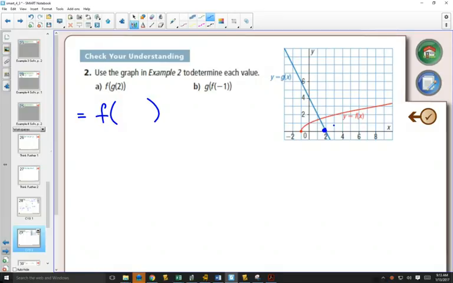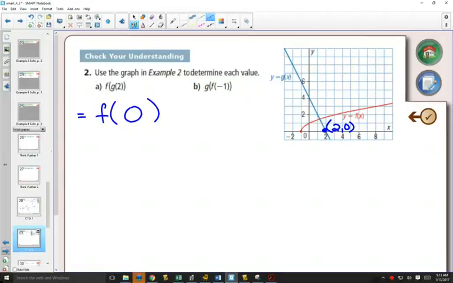And that point is (2, 0). And that's telling us when x is 2, y is 0. So g of 2 would equal 0.